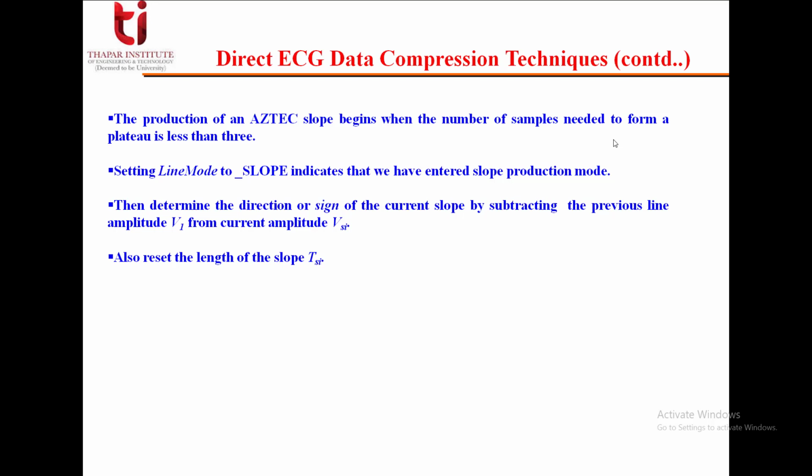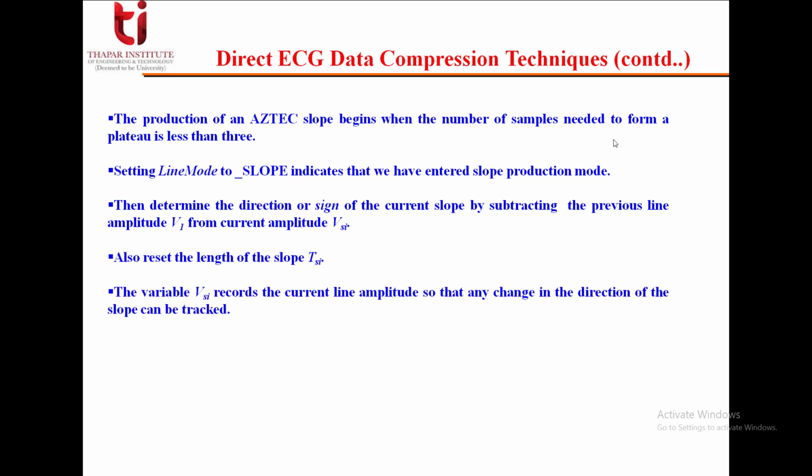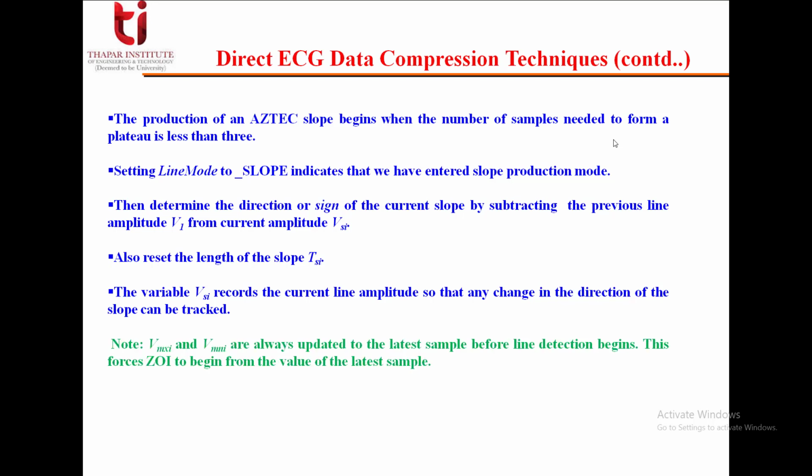Also, reset the length of the slope TSI. The variable VSI records the current line amplitude so that any change in the direction of the slope can be tracked. We can note here that VMXI and VMNI are always updated to the latest sample before the line detection begins, so this forces the zero-order interpolation to begin from the value of the latest sample.